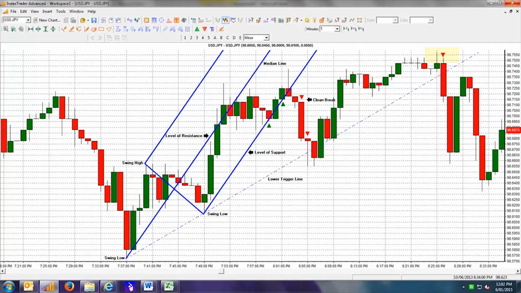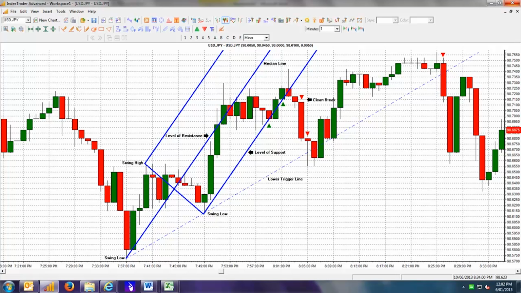Clean breaks which signal trend reversals and lower or upper trigger line breaches act as call, buy, and put, sell trading signals. In the first instance, a breach of the level of support is identified midway through the series.